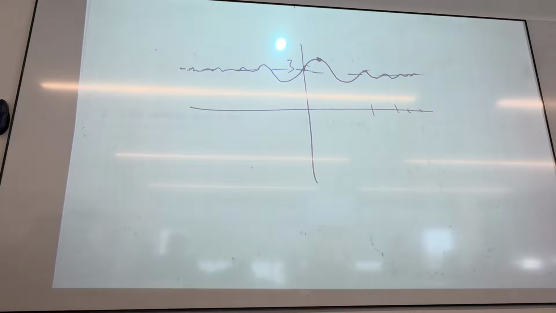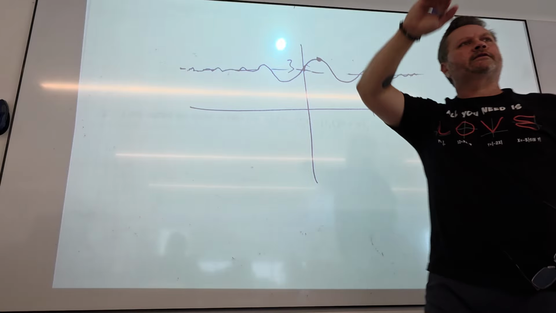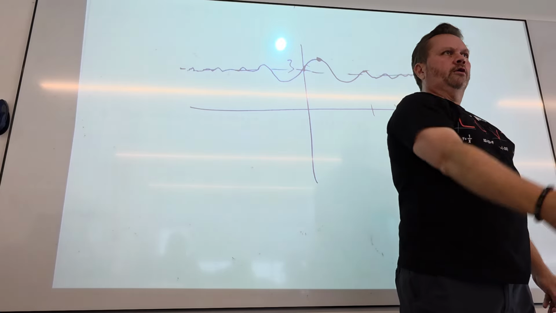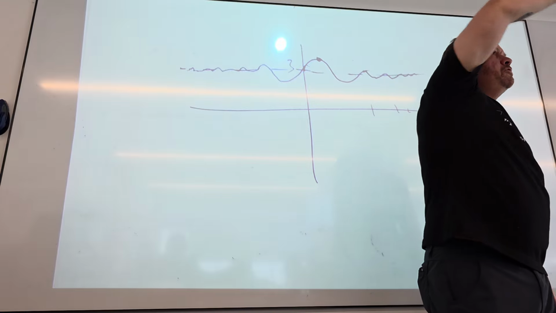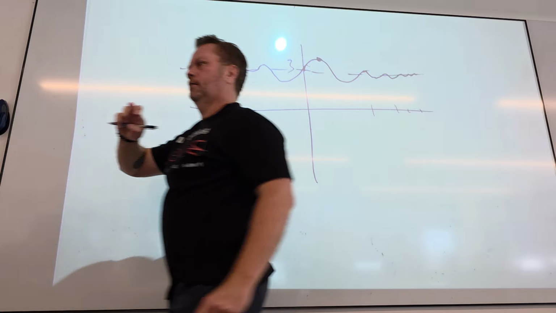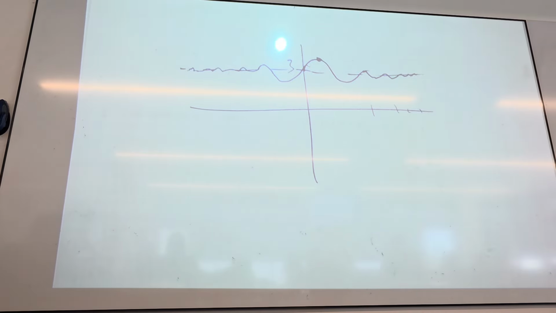You with me? Can I only get close to somebody from one direction? No. So this guy's getting close to 3 from both directions. Vertical asymptotes, you could not exist here. Horizontal, hey, at some point, come up close to me. Okay, maybe. I love you guys.